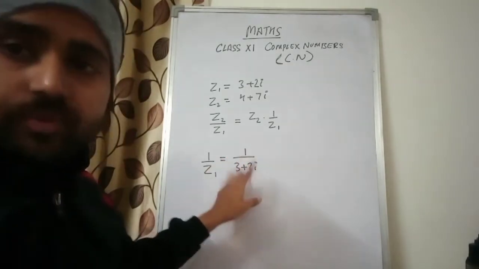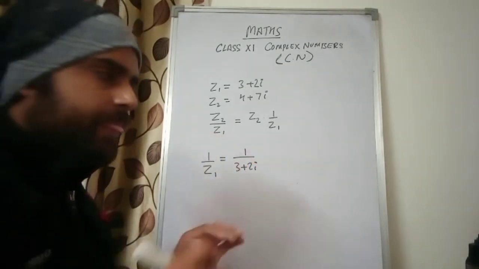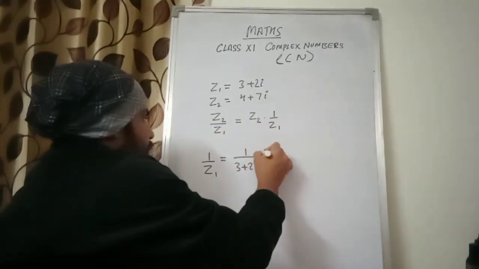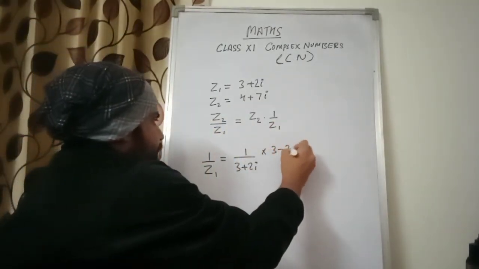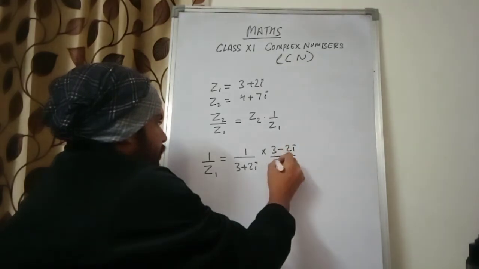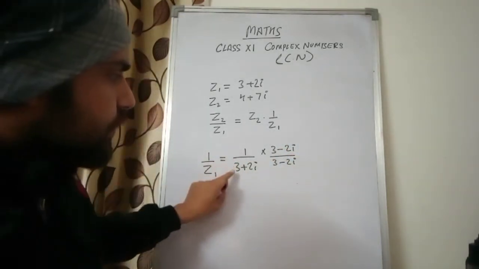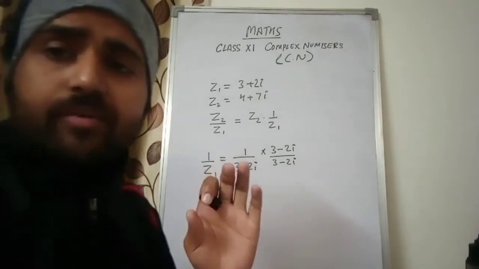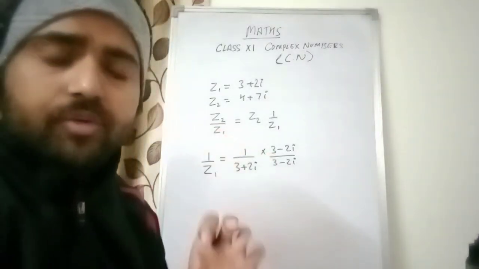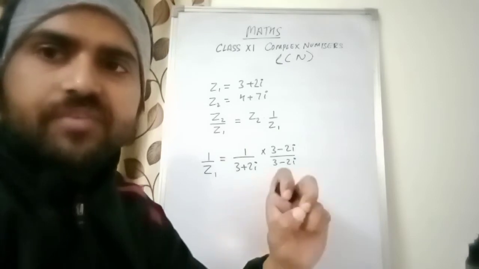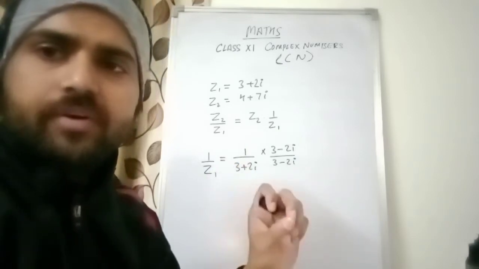So I will try to remove this i component by multiplying it by the conjugate of it. What is the conjugate of this number, this z1? If you have to find out the conjugate of any complex number, you have to just change the sign which is in front of i.